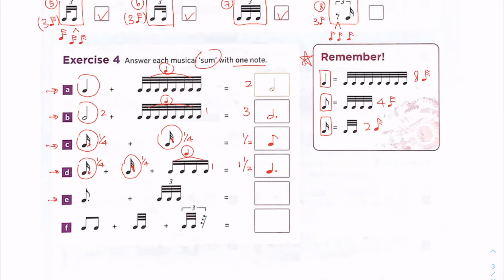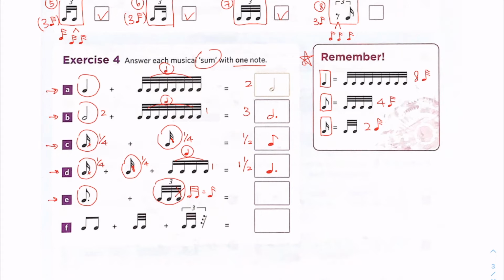Question E. Here we have a dotted quaver plus a triplet. So now, first, we're going to look at the triplet. In a set of triplet, we can cross out one note. So this triplet of 3 demisemiquavers is the same as 2 demisemiquavers, which is the same as a semiquaver.